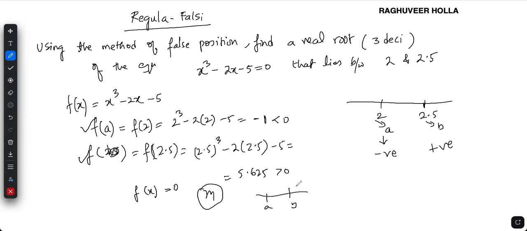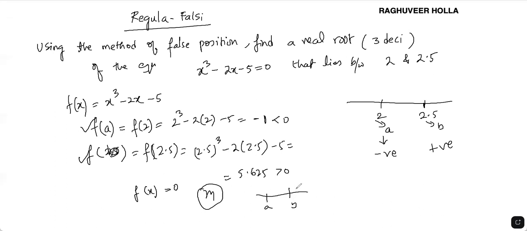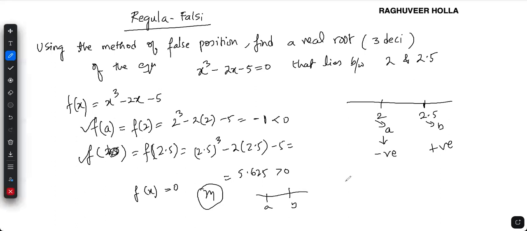The formula for the first order approximation of the root, x1, is a minus (b minus a) divided by (f of b minus f of a), multiplied into f of a. Let us substitute this.